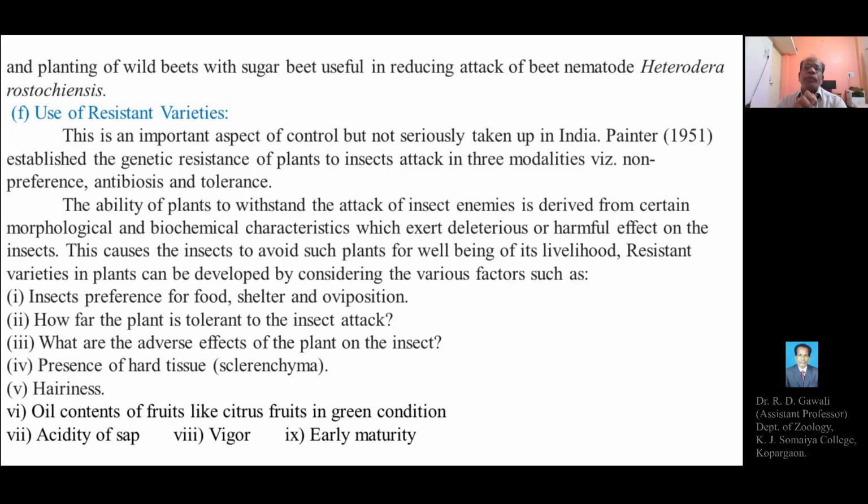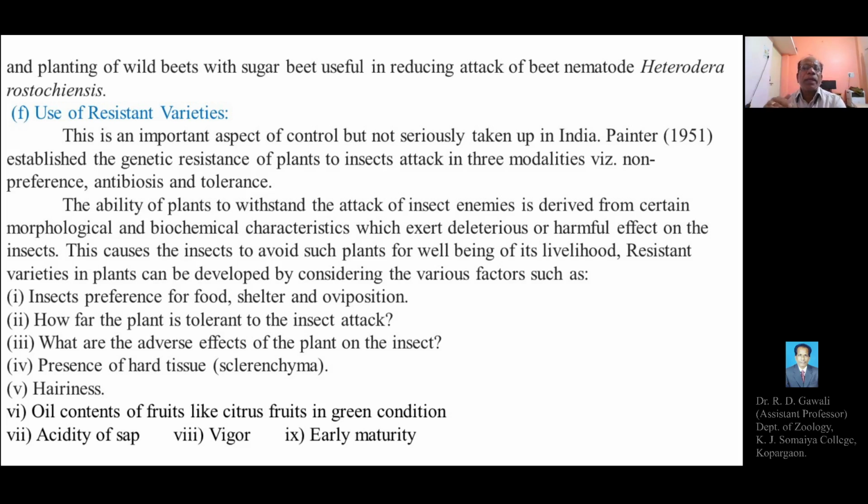These are the three aspects to establish or develop the genetic resistance of the plants against insect attack.